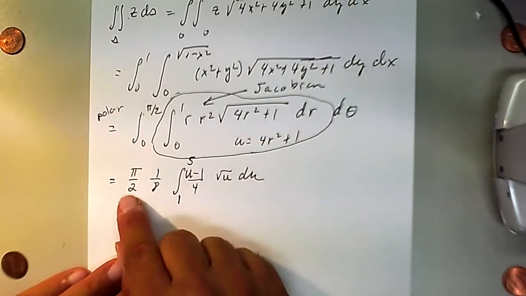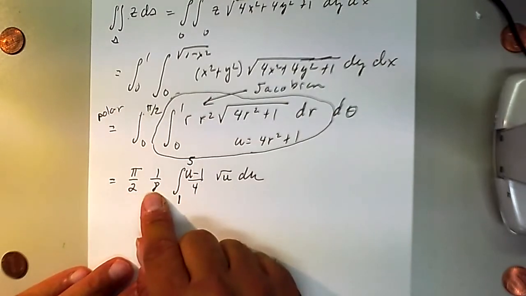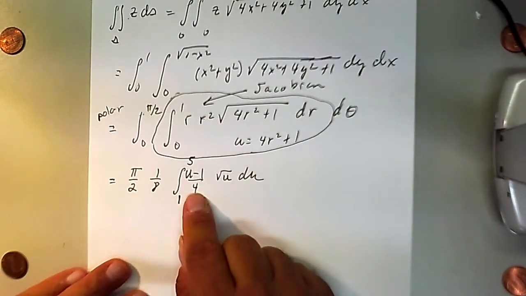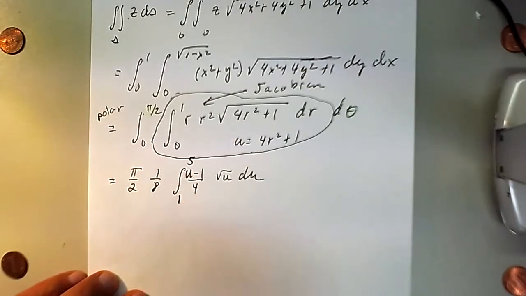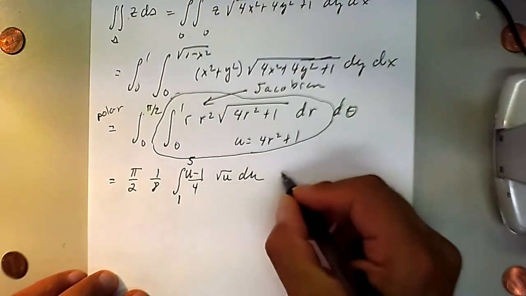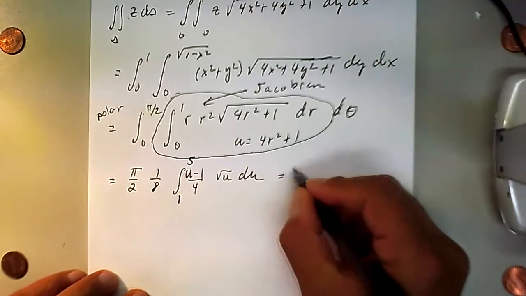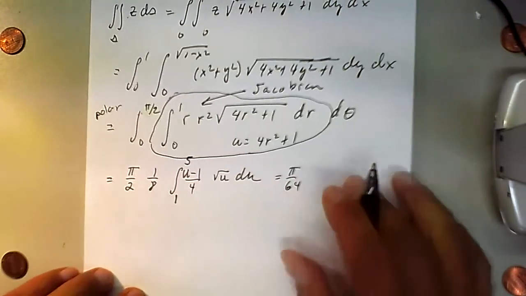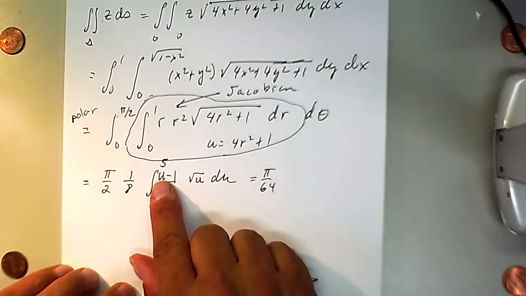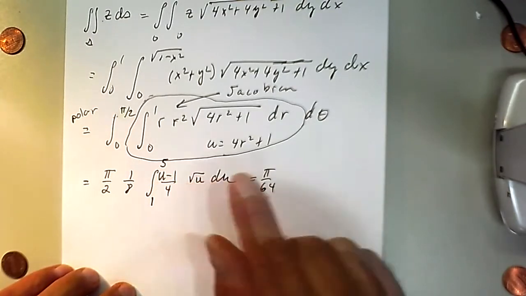Oh, wow. So we have 2 times 8, 16 times 4 is 64. Okay, so let's continue down here. Pi over 64. And then we can distribute the u with the square root.